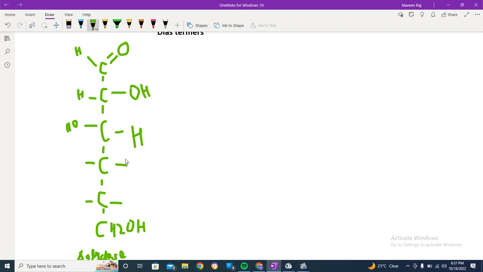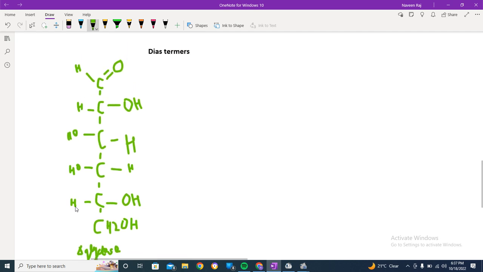We have seen that there is a difference on C4 as well. So here H will come. Like in normal condition we've got OH, but now on C4 H will come, and here would be the same OH. We've got a difference on C4 this time. So this is how galactose is.